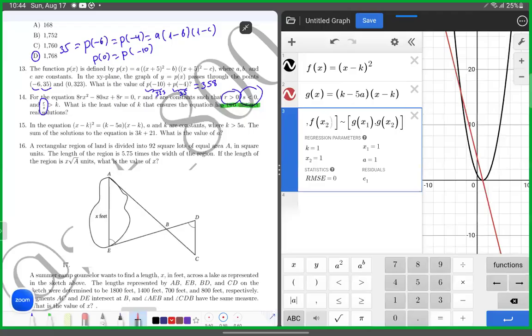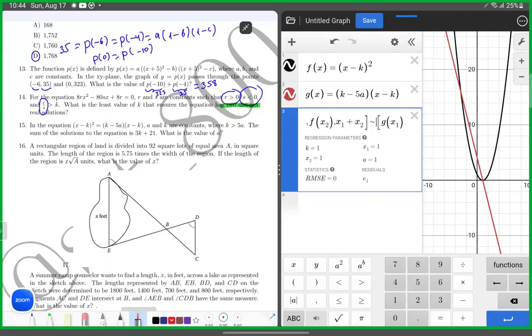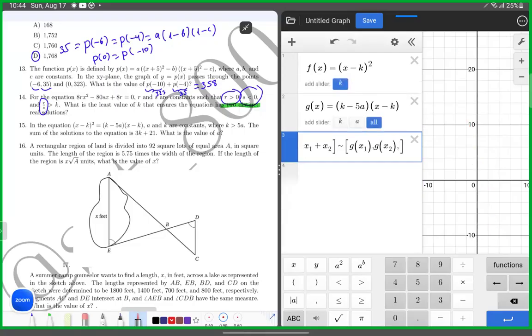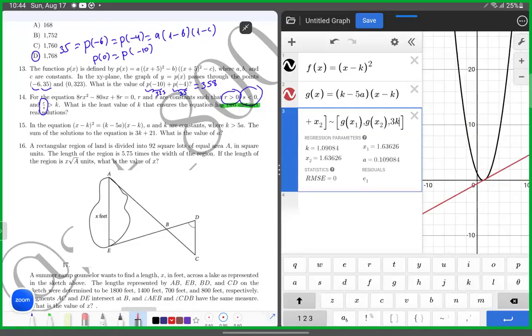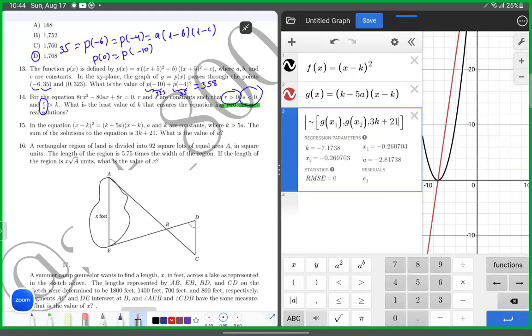Also given is that the sum of solutions, x1 plus x2, according to the problem is equal to 3k plus 21. You can see Desmos here takes the values x1 and x2 as the same value, just the same point.